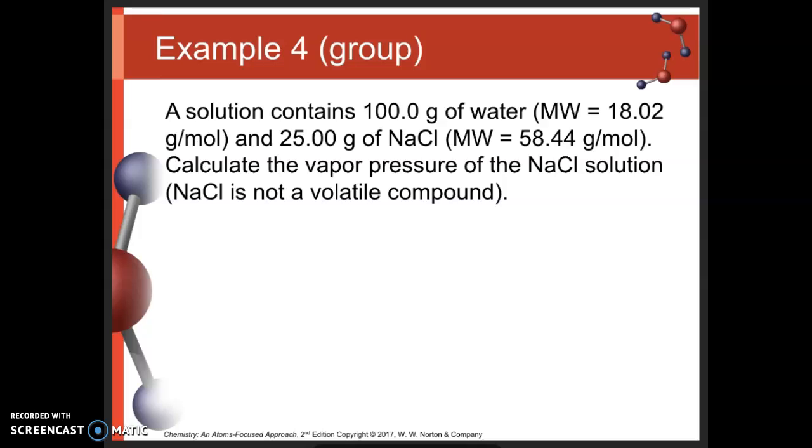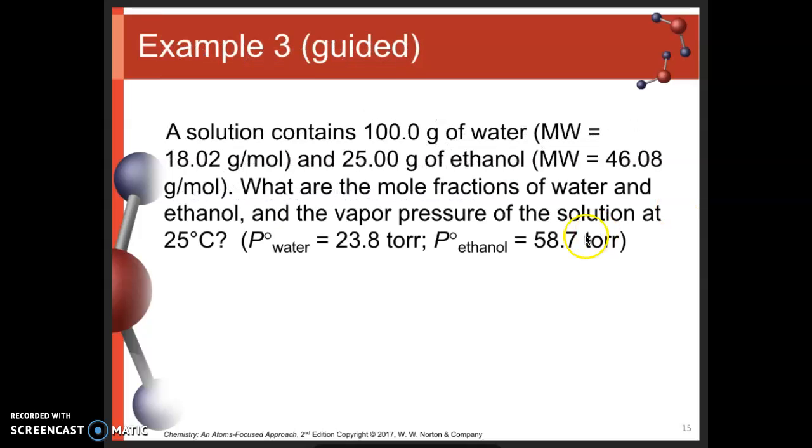This one is really similar, only now you have two volatile solvents instead of just one. And so the question is, what are the mole fractions of each, and what is the total vapor pressure of the solution? Unlike the last one, where we had to look up the values for the vapor pressure of water and the vapor pressure of ethanol, here it's already given to us.